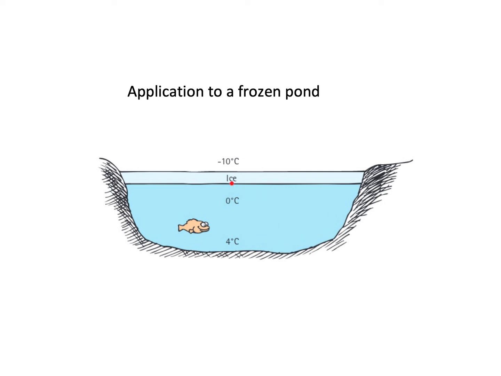When it gets to 4 degrees, it sinks because it's most dense at 4 degrees, and that's going to push warmer water up top. And so the whole thing has to cool to 4 degrees before the layers at the top can be made even colder than 4 degrees. And add to that, water has a very, very high specific heat capacity.